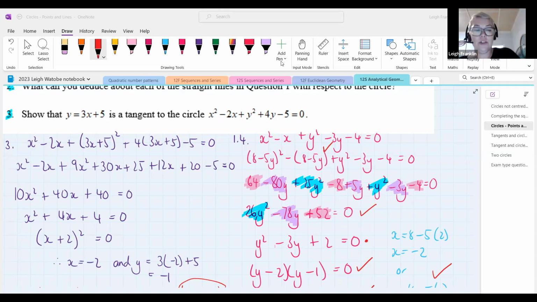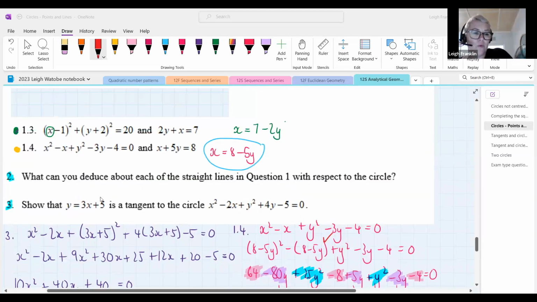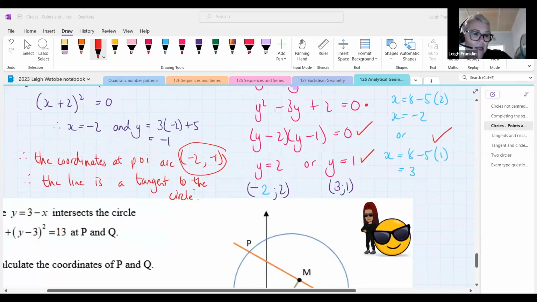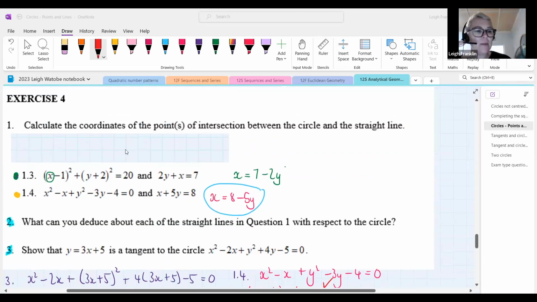How do we answer question 2? All right, so question 2 relates back to what we did in question 1.3 and 1.4. What did we end up with? I've rubbed it out now, so I don't have it in front of me. But I think in question 1.3, we ended up with one solution.